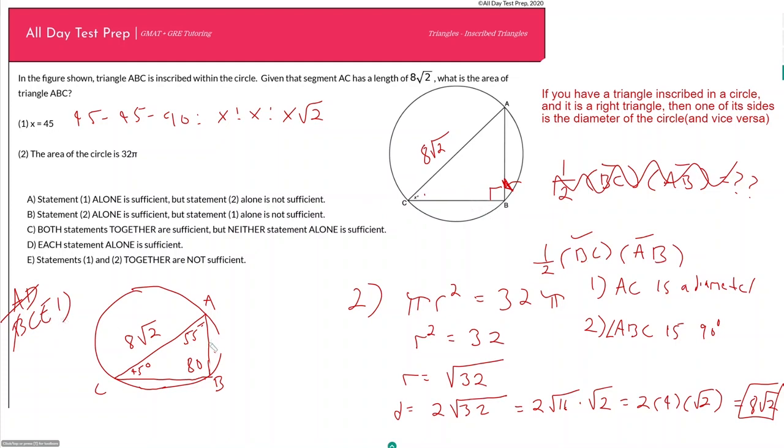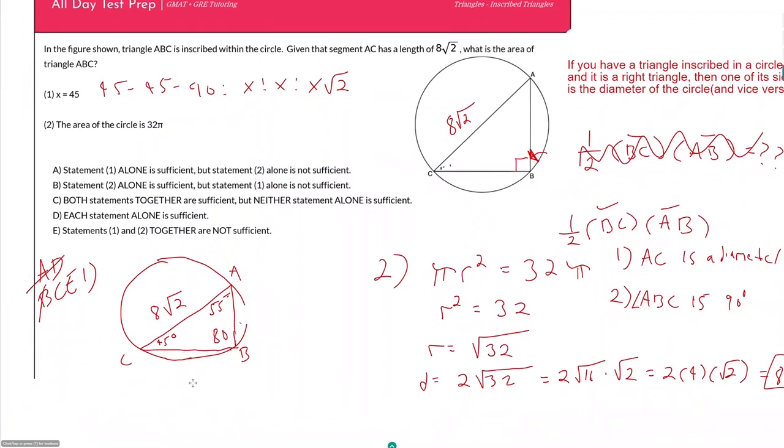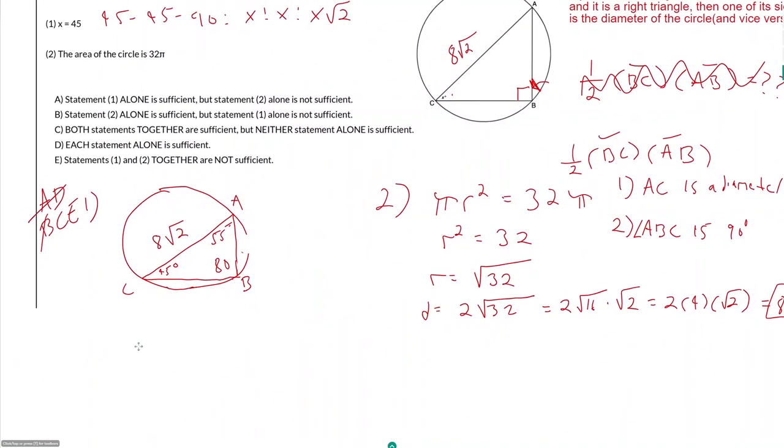So now, looking at them together, what do we know? Looking at our 2 statements together, we can say, okay, now that I know it's a right triangle, I'm looking for 1/2 BC times AB. And for my first statement, I know I have a 45-degree angle here, which means I do have a 45, 45, 90 triangle.